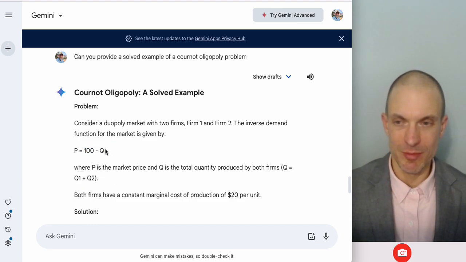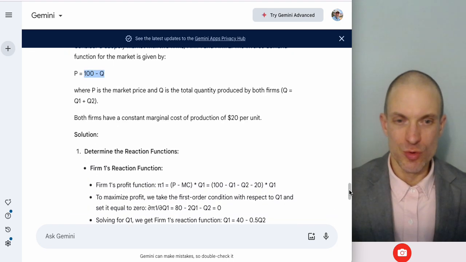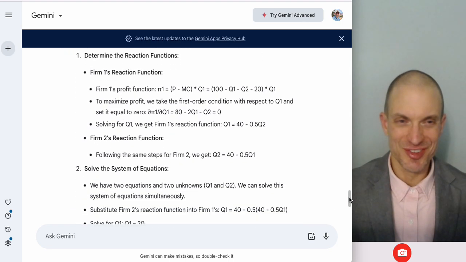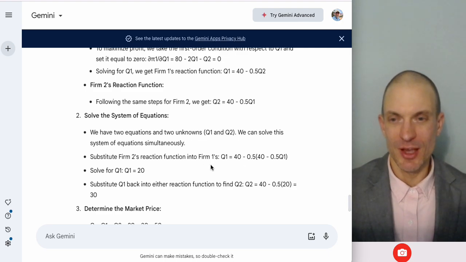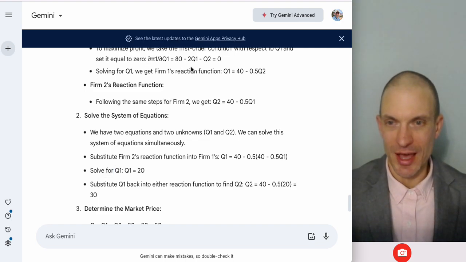The maximal amount that this market will bear is 100 units. At that point, the good is free, right? It doesn't matter which firm those 100 units come from. And of course, we don't want 100 units because we don't want the good to be free. But because of that, we have symmetry. And so sure enough, we had firm 1's reaction, and we get firm 2's reaction.